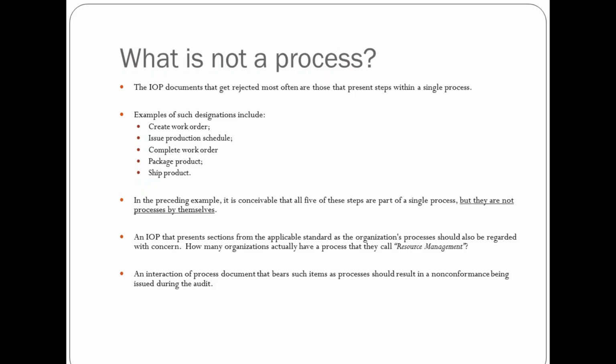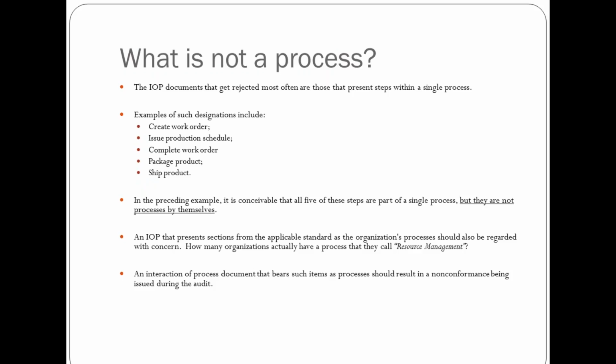Now, as to what is not a process, we've sort of already tipped our hand on this. The IOP documents that are rejected most often are the ones that present steps within a single process. So what do we mean by steps?